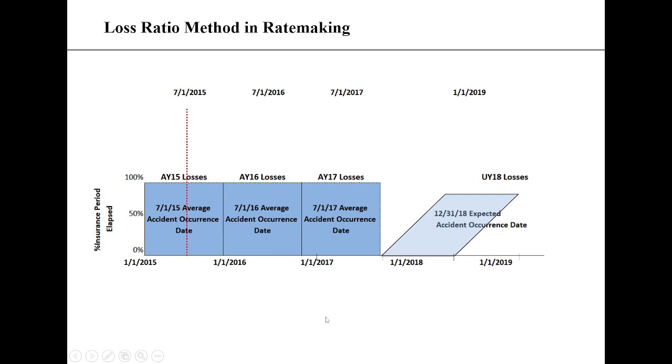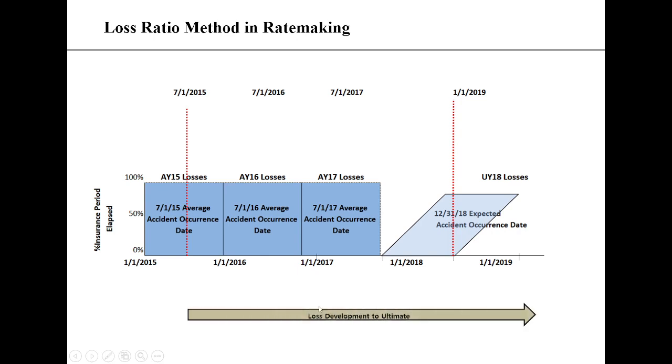So if I explain it step by step, in order to come up with the loss ratio in terms of claims, first 3 years. That is the average accident date for accident year 2015. And this is the due premium rate that will be effective January 1st, 2018. And as I already explained, this is the future average accident date.